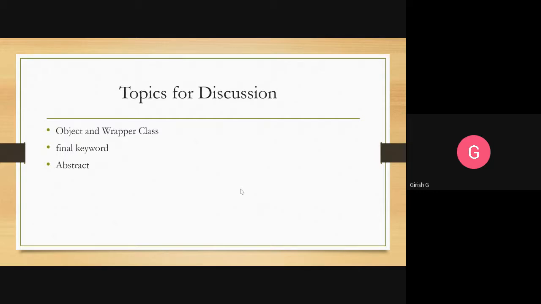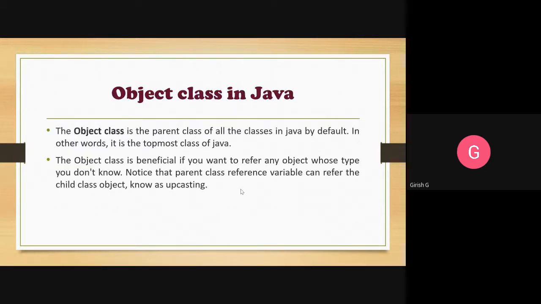Your object class is the parent class of all the classes in Java by default. You don't need to implement or extend or inherit that. By default it is a super class or a parent class for all the classes that you create. In other words, it is the topmost class of Java.